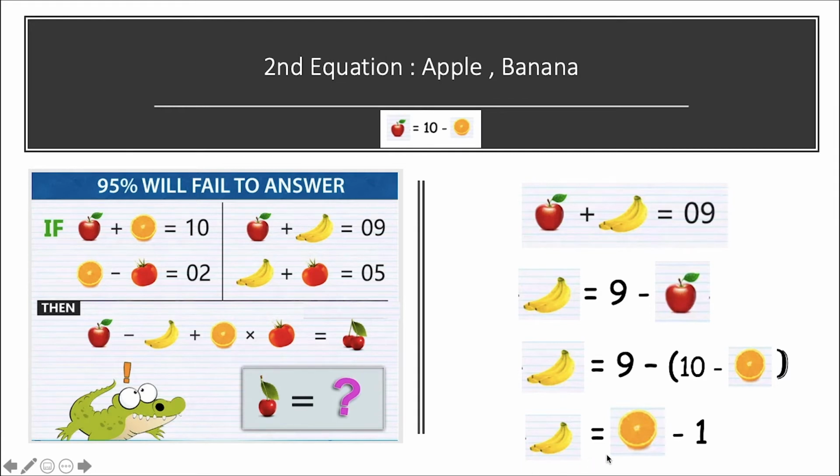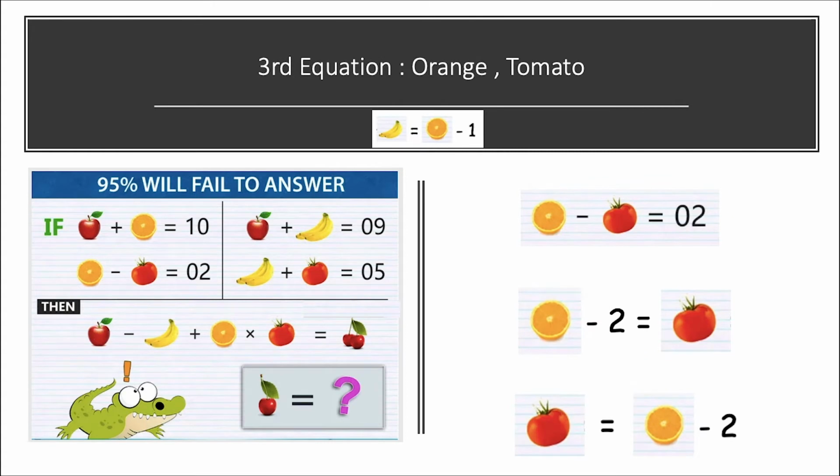So 3 bananas would be equal to 9 minus 10 plus orange, that is orange minus 1. So this is the end of our second equation. By the end of the second equation we have got two equations, that is apple is equal to 10 minus orange and 3 bananas is equal to orange minus 1. Both items are with respect to orange.